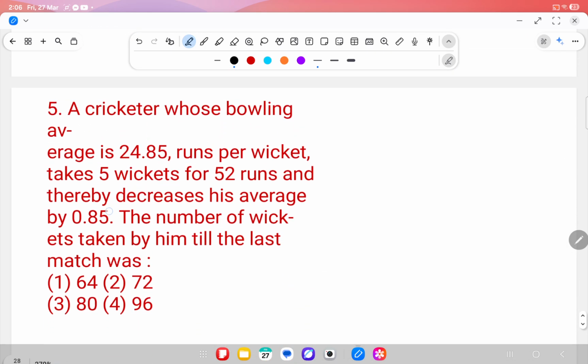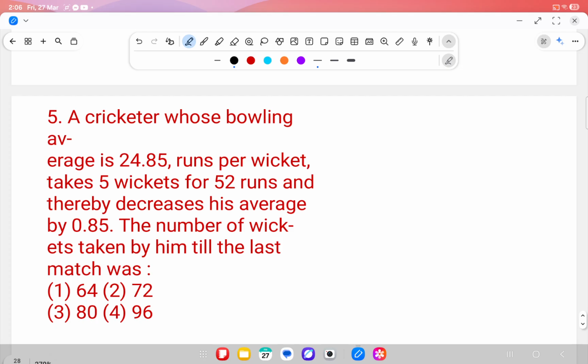Next, a cricketer whose bowling average is 24.85 runs per wicket, means per wicket he gave 24.85. For 5 wickets, 52 runs, then the average becomes 10.4, and thereby decreases his average by 0.85.